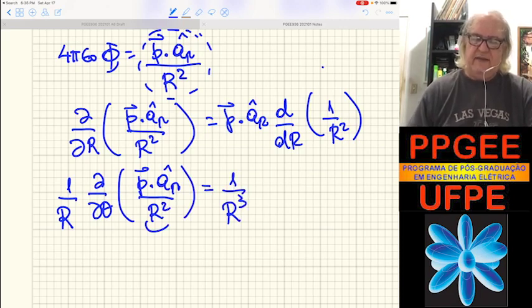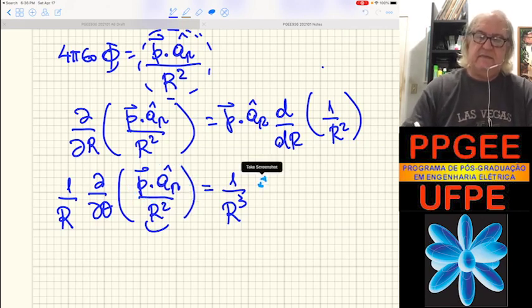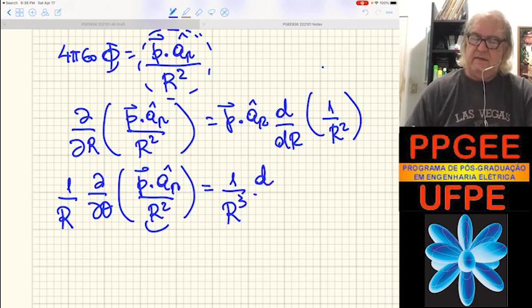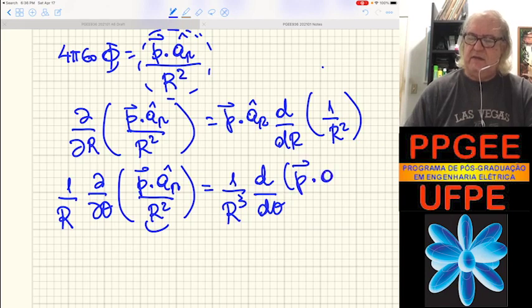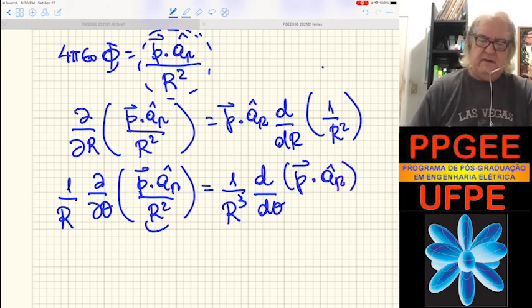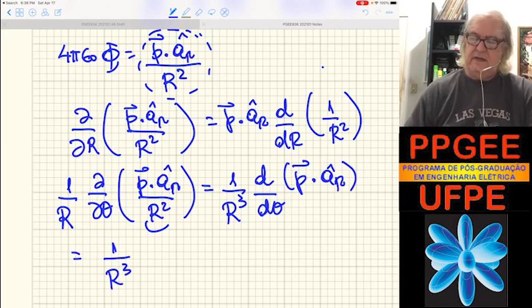Now this part depends on theta, so let's take the total derivative of a product of two terms, with 1 over R cubed.